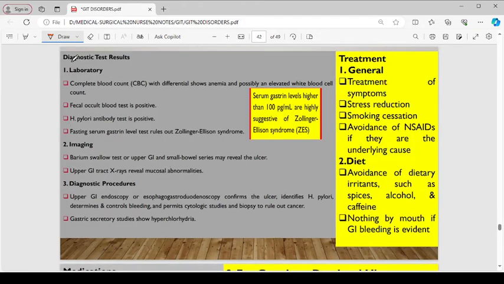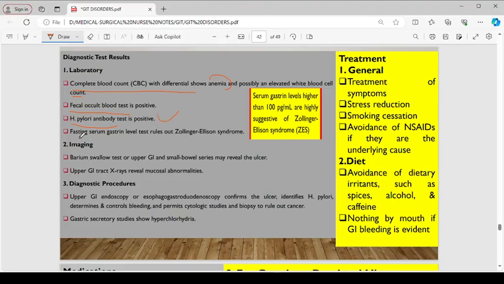We could do some tests where we could do CBC, complete blood count, with differential, which will show anemia and possibly elevated white blood cell count. Okay. Fecal occult could also be positive, or H. pylori antibody test could also be positive for that case.